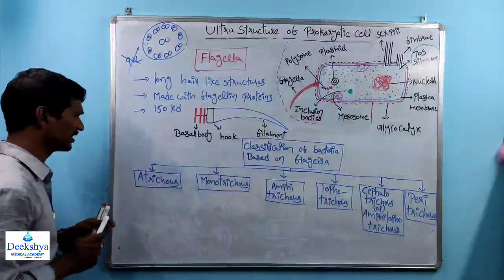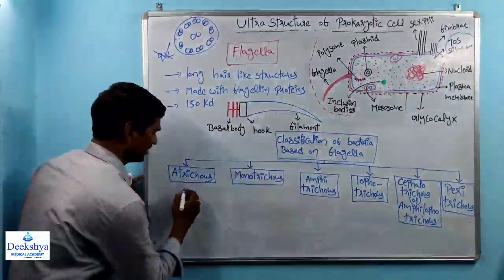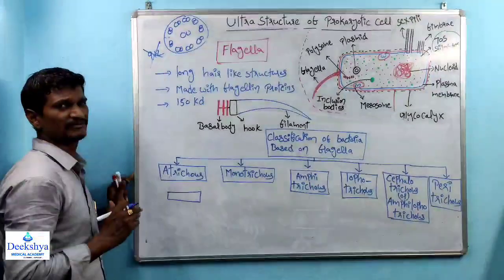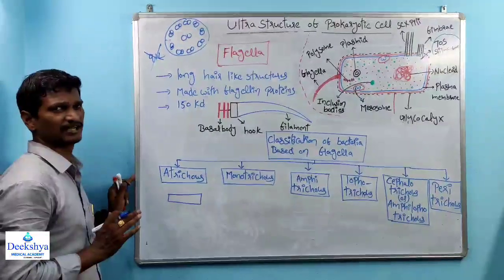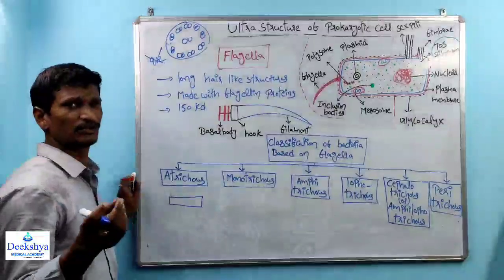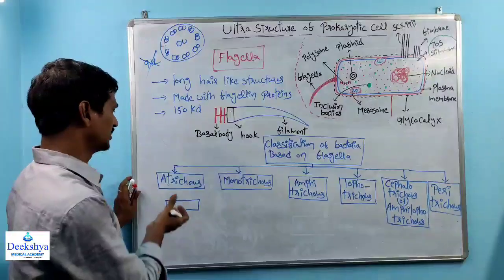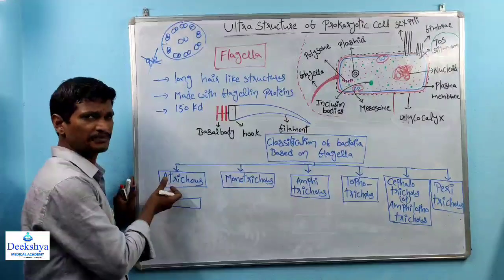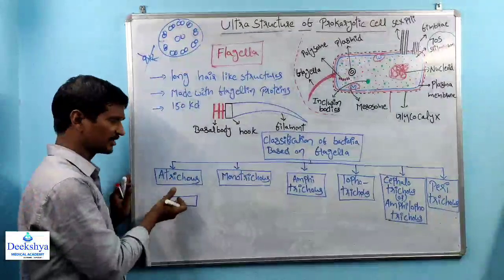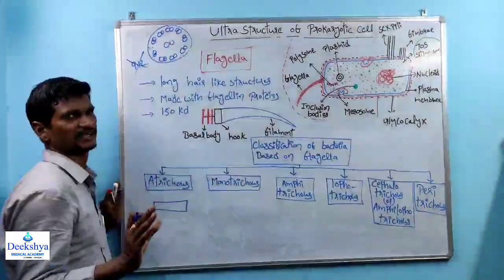The very first one is called atrichous bacteria. These are bacteria not having flagella. Trichous is nothing but hair, so in atrichous, hair-like structures are absent, meaning flagella are absent.